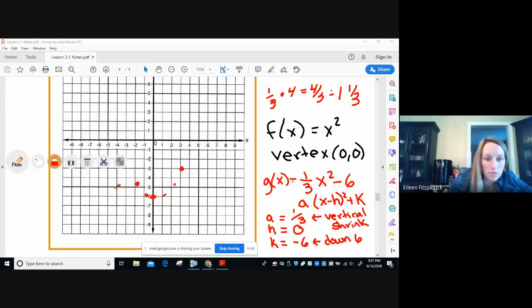I can't count, guys. It's right under this thingy here. Maybe I can move it. There we go, right here. All right, and then I draw my parabola. So notice how my oddly shaped parabola got wider. It shrank away from the y-axis, okay? All right, let's keep on moving.